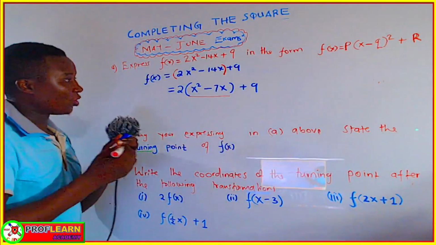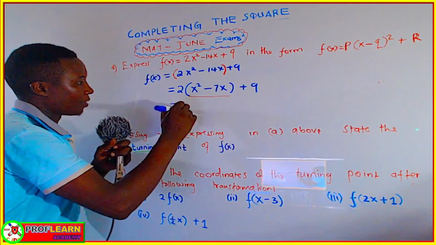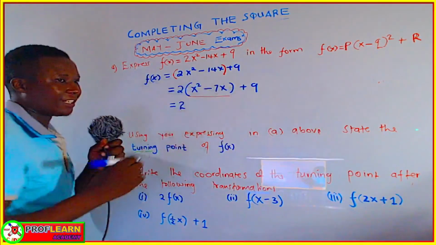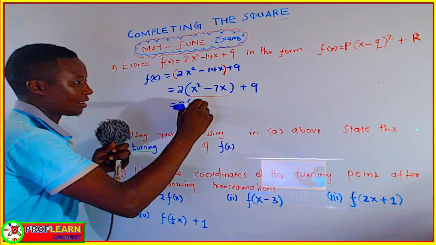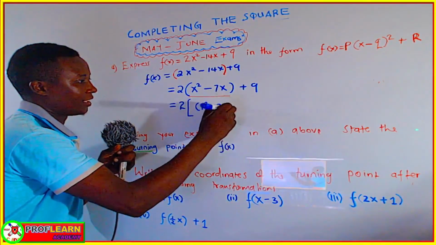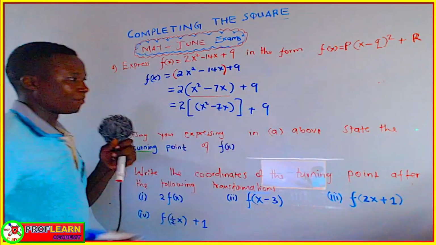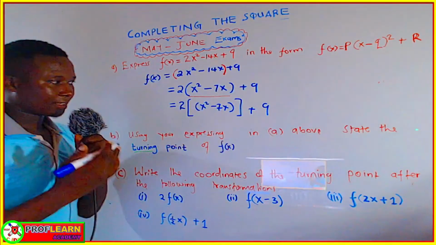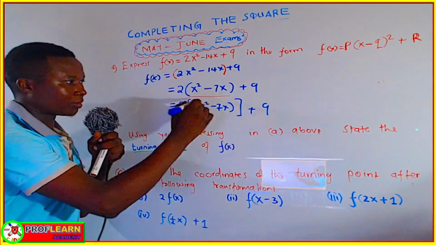So we are going to introduce another bracket, so that we have x squared minus 7x, then enclose, then plus 9. So the first step is factoring out what's common in the two terms.